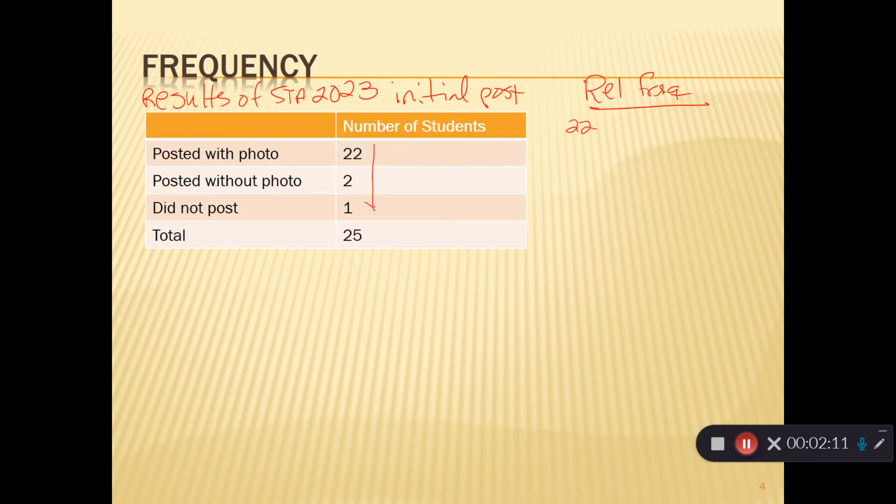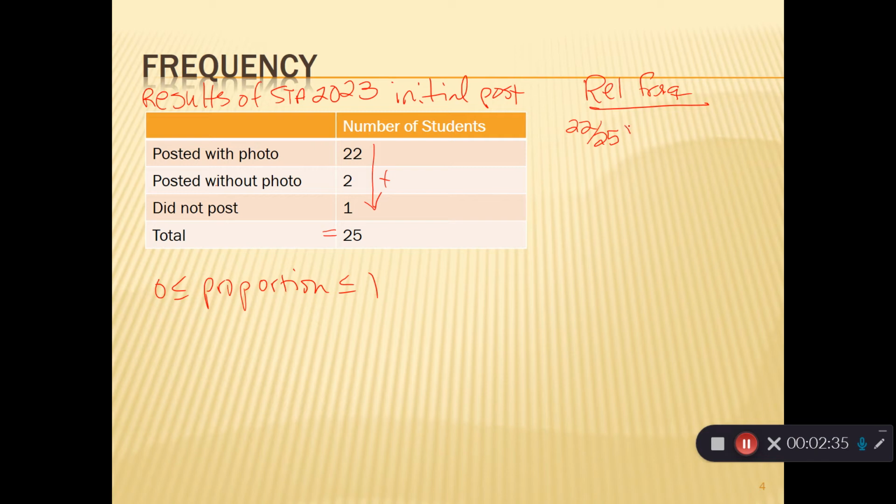By the way, if I add these up going down, it should equal the number of students there. So divide by that total number of students, and that gives me a proportion. A proportion is a value between 0 and 1. It's a fractional value. That's the proportion of students that fell in that category.